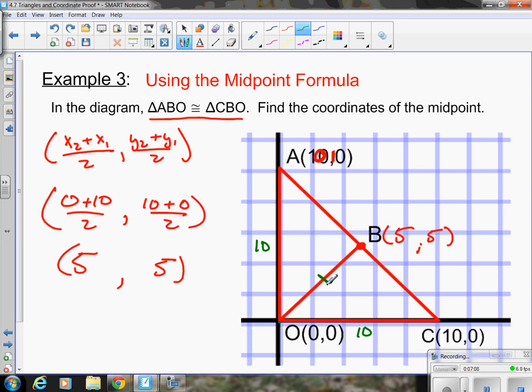This line is congruent to itself by the reflexive property. So right now I have a side congruent to a side and a side. All we need to show is our third sides are congruent, and these triangles would be congruent by the side-side-side congruence postulate.